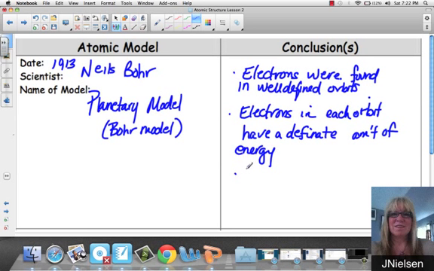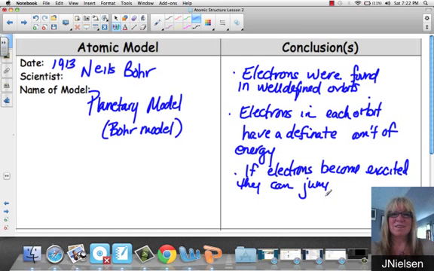He also said that if electrons become excited, they can jump, so to speak, to an orbit further from the nucleus. We can't do that with planets.